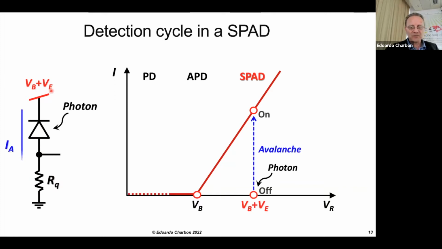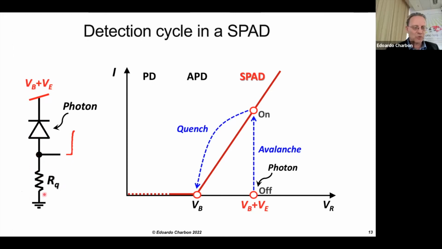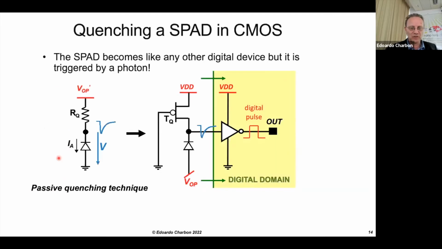A photon arrives, gets absorbed, and generates an electron-hole pair, which gets accelerated by the very large electric field. By creating a current through the device, you go through RQ, the ballast resistance, which in turn increases this voltage and quenches the avalanche. And there you go, you have a pulse that corresponds to the photon.